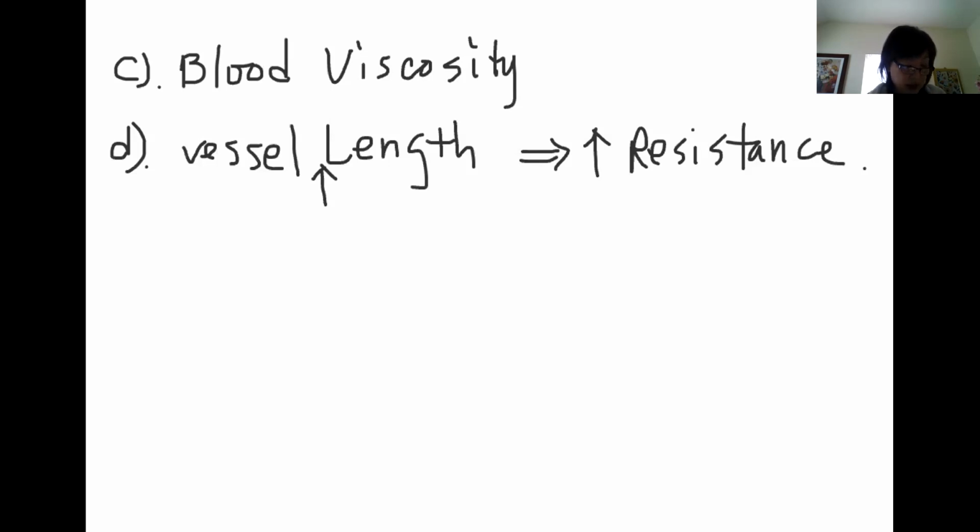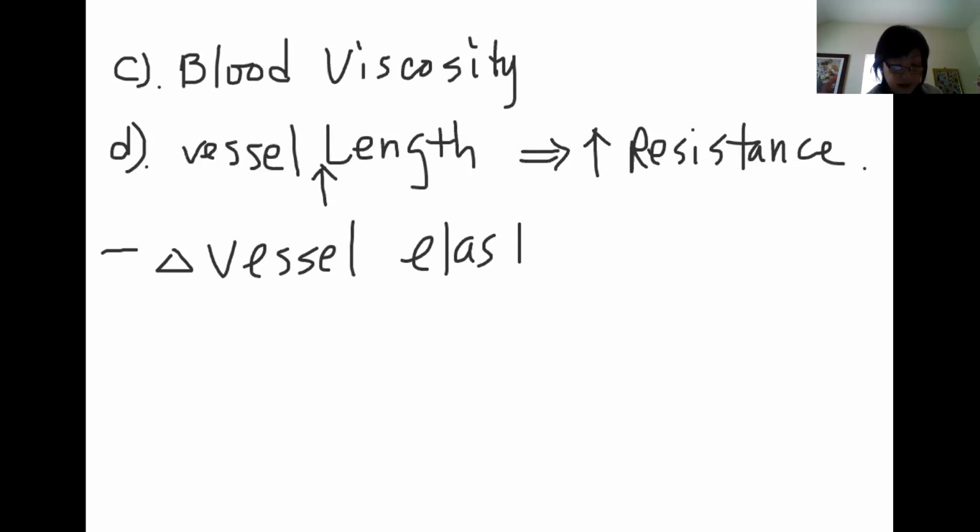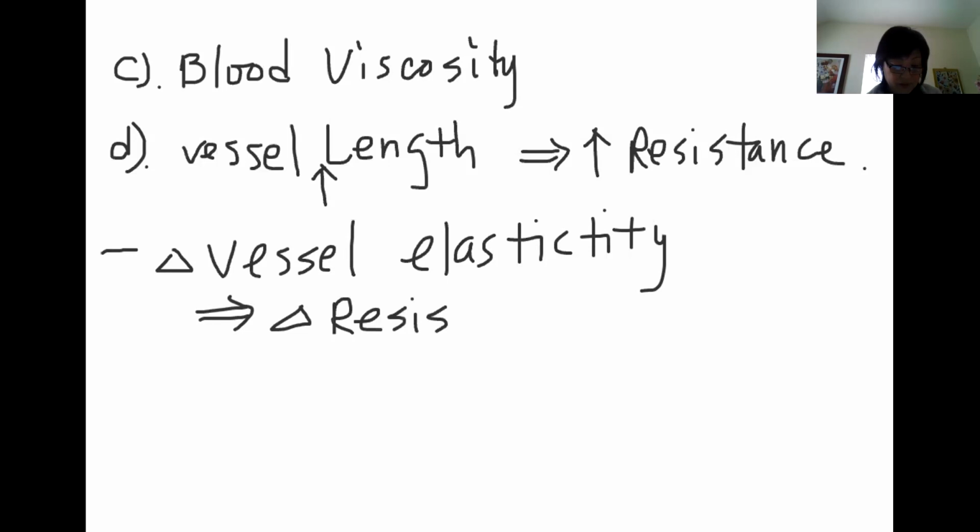Okay, now the next one is changing vessel elasticity, which can lead to change of total resistance. Okay, so elasticity is how well the vessel can comply and recoil. So you probably heard about arteriosclerosis.